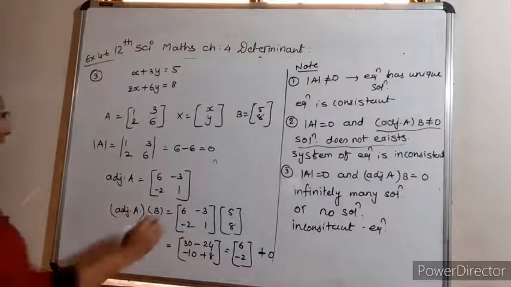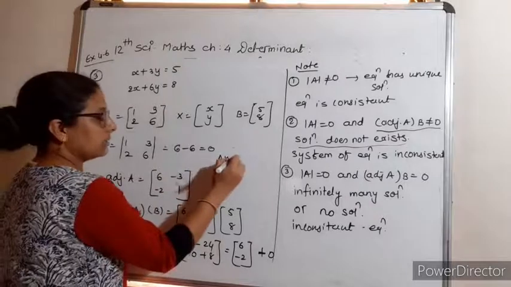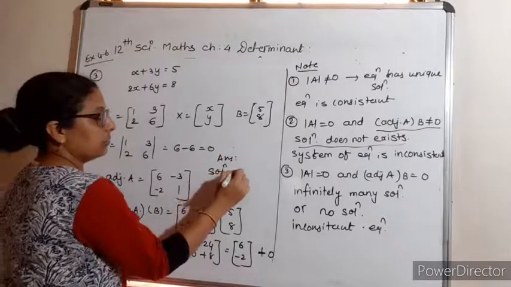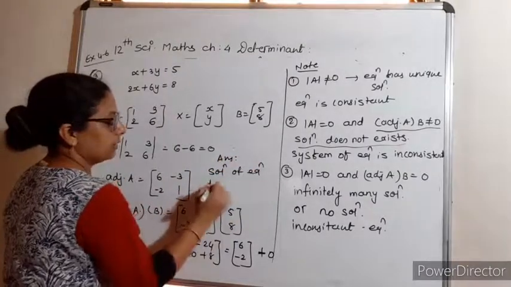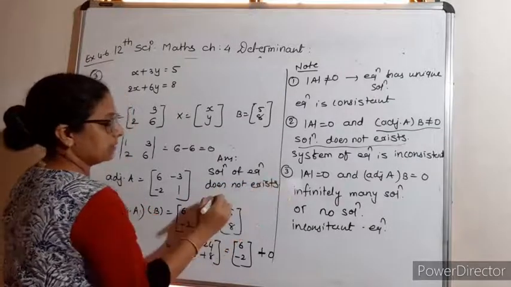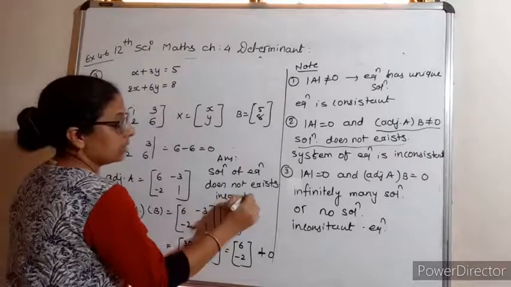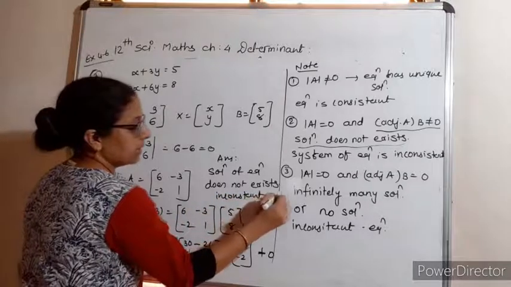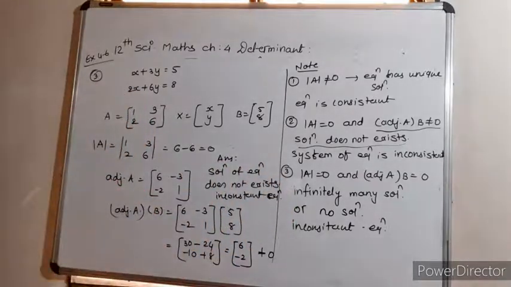So we can say that the solution of the equation does not exist. So it is an inconsistent equation. Understand?